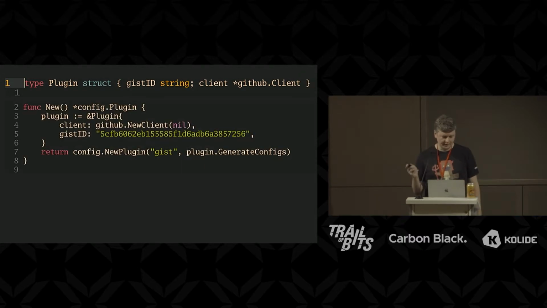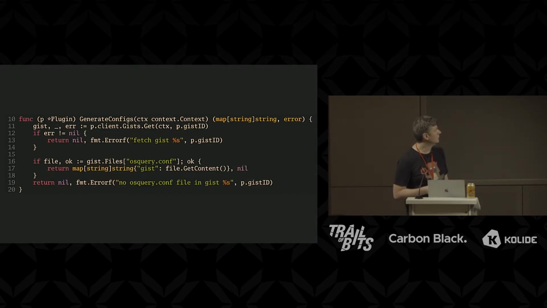And I'm going to write this helper function, which plugs these values in, and I hard-coded the gist ID here, but it could come from an environment variable or a file or however you want to define it. And it'll call that NewPlugin function with my plugin and my generate configs function.